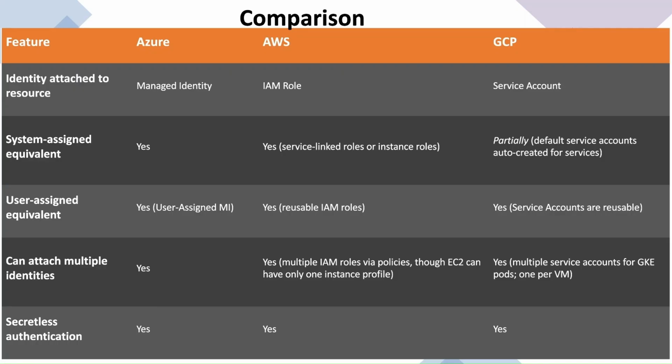So today we have understood the identities, how they are different from each other, how they are useful, and what decision making you need to do when choosing one of them. We have seen the scenarios, and we have also understood how similar concepts exist in AWS and GCP.